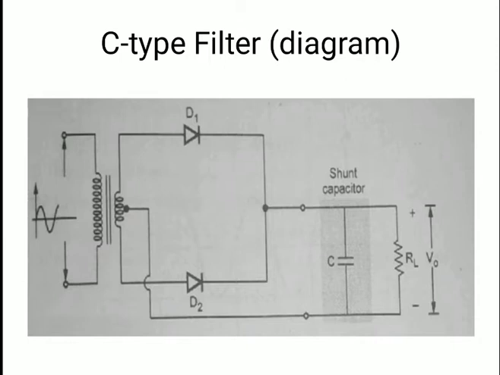When it gets a voltage it charges, and when it does not get the voltage it discharges. Similarly, like a mobile: when the charger is connected to the supply and to your phone, your phone gets charged, and when you remove the supply, your phone gets discharged, but it discharges slowly, right?